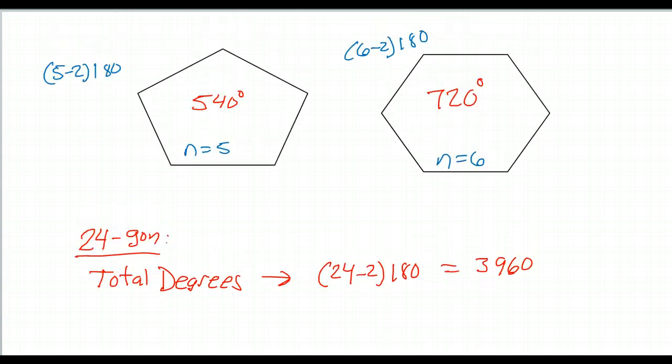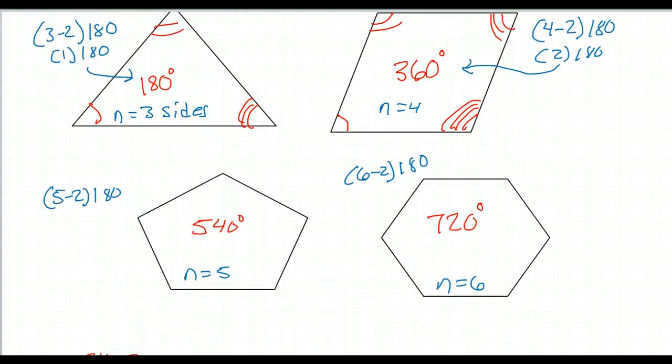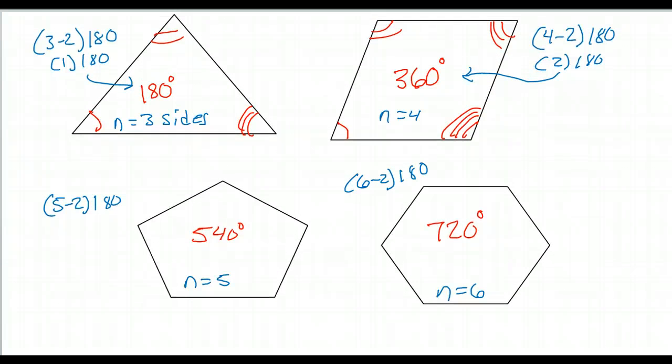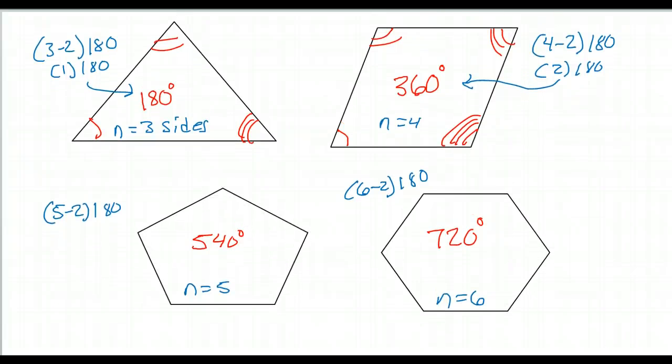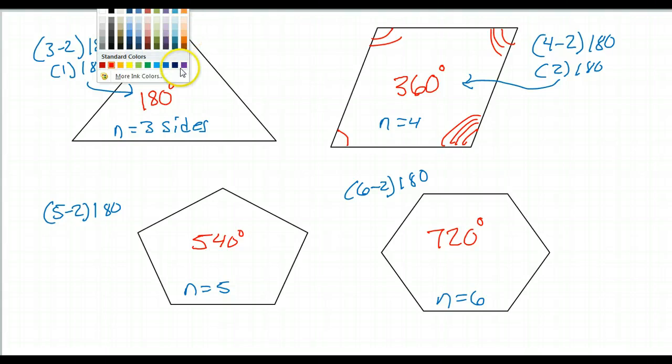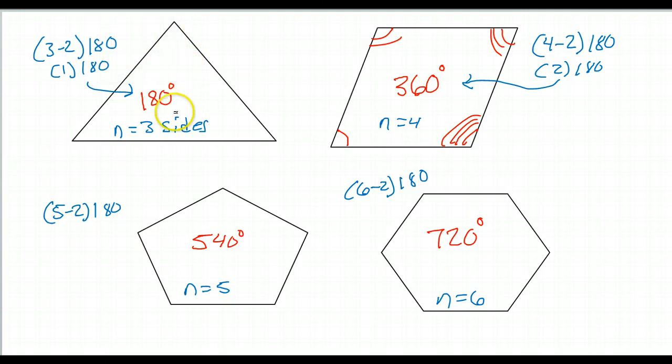Now, by the way, sometimes I want to know about an equilateral shape, a shape where all the sides are the same. So imagine that this triangle is an equilateral triangle. If I want to know the degrees of each angle, let's do this in purple. How would I find the number of degrees of each of these angles if they're all the same?